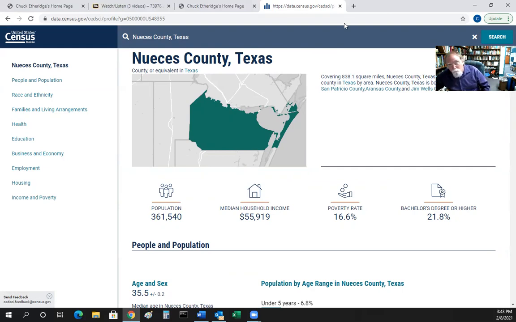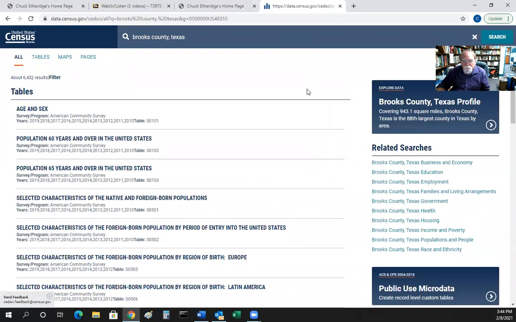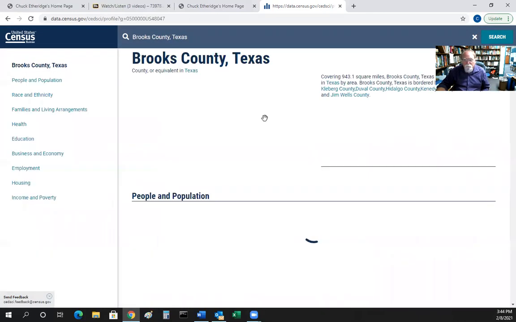Remember, the food bank doesn't just serve Nueces County, it serves 11 counties. Let's look at some of the others they serve. Let's look at Brooks County, Texas. Okay, Brooks County, Texas.